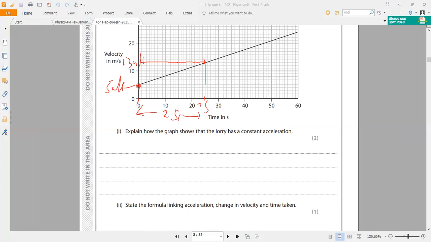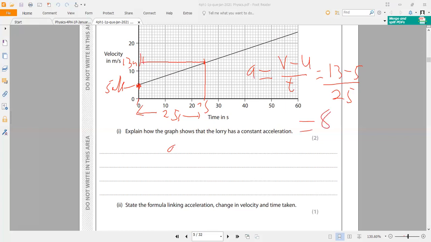So we have the acceleration, v minus u all over t. We have 13 minus 5 all over 25.